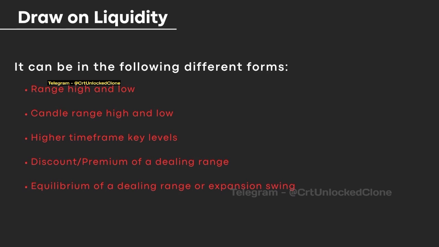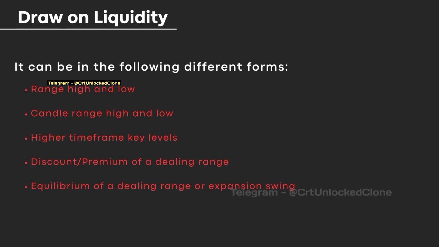Another form is discount slash premium of a dealing range. Now, if you've studied the dealing range chapter that I've made in CPI, then you would know that in every sort of market, there's always a dealing range and it has two halves, premium and discount. And then depending upon the order flow and market profile that you're working with, it can have two different qualities and characteristics, right?